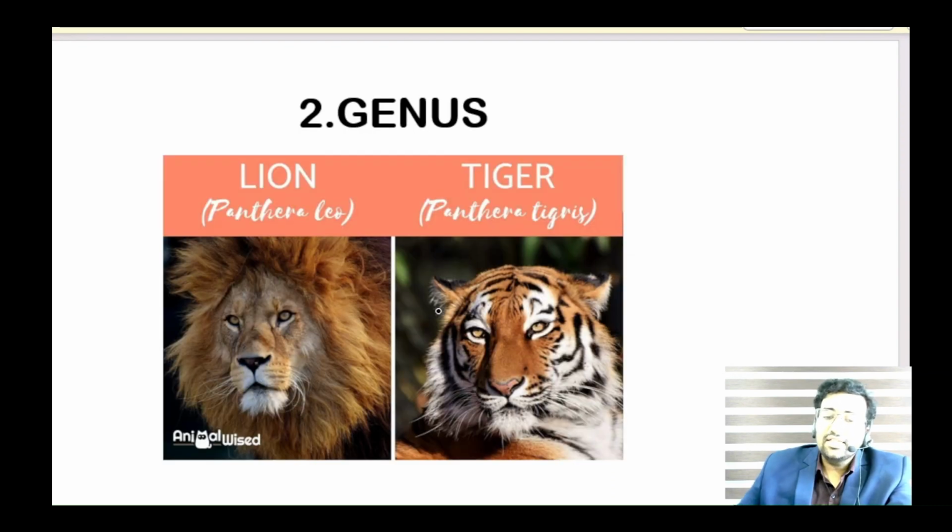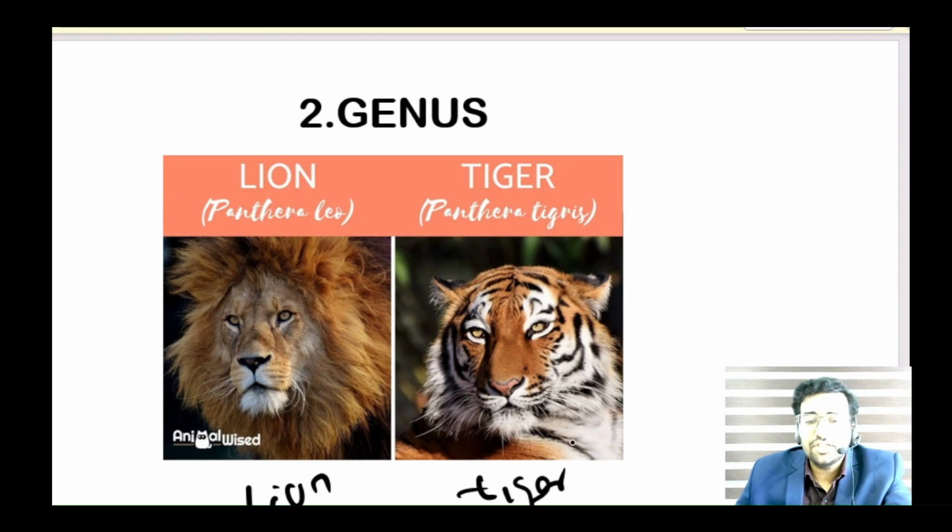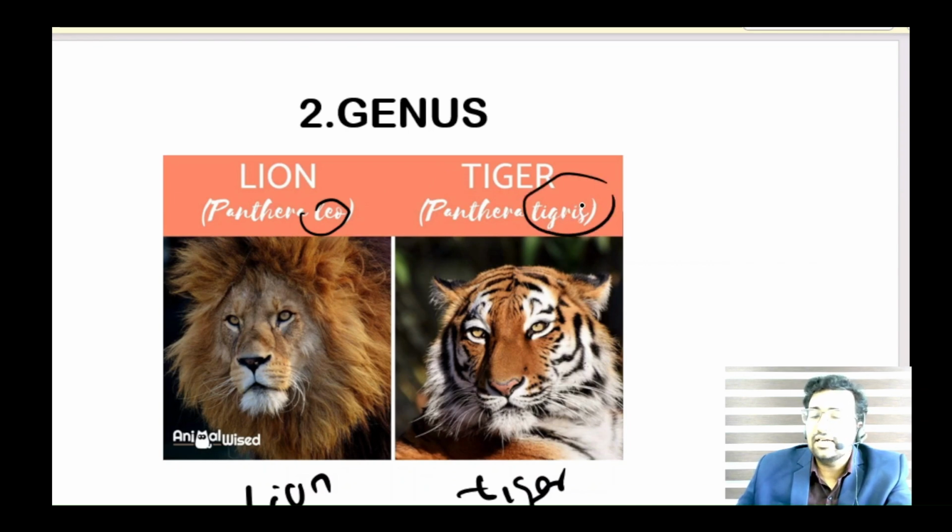Look at the genus Panthera. Panthera leo is lion, and Panthera tigris is tiger. Do they belong to the same species? No. One is leo, another one is tigris, different species that do not mate with each other to produce children.